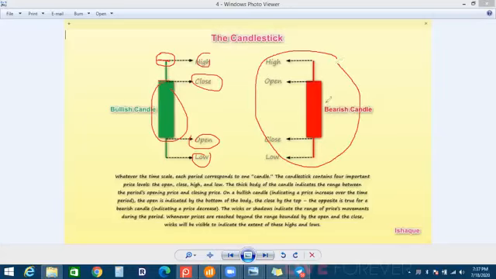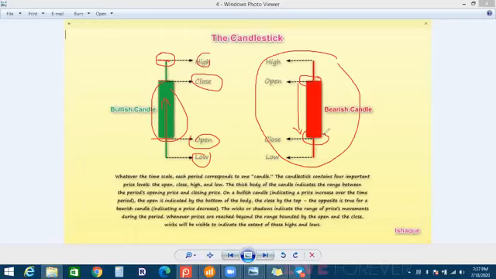The concepts are different. As we are talking about buyers and sellers, the buyer's habit is to always push the price in the up direction, and the seller's habit is to always push the price in the down direction. When they push the price down, it means the price opens at the top and closes at the bottom.